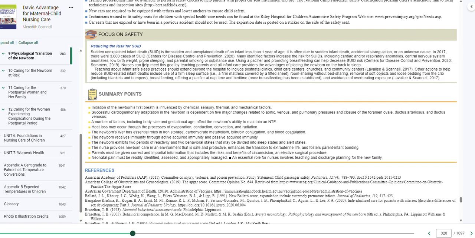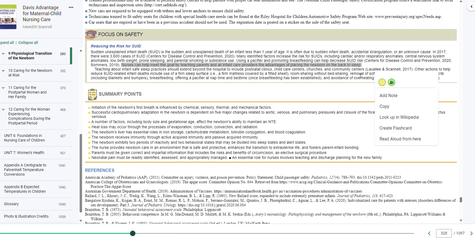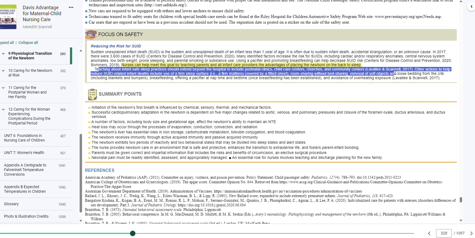So, winking a lollipop. Nurses can help meet this goal by teaching the parents to place the newborn on their back to sleep. Okay? Also, another winking a lollipop. You're going to teach about infant safety by clearing the bed, right?